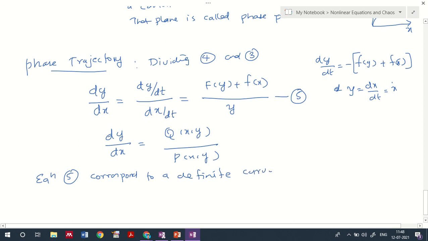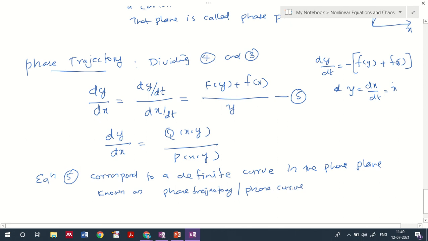So we will be observing a curve corresponding to that in the phase plane, which is known as the phase trajectory or phase curve.